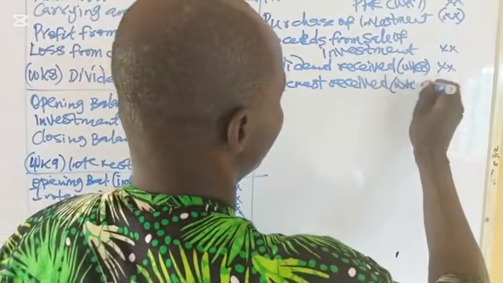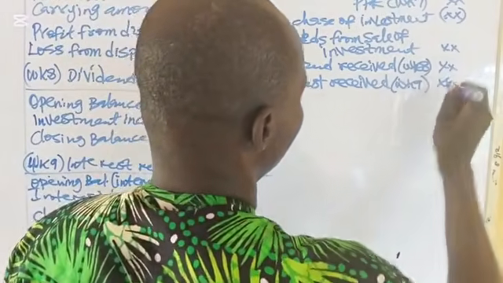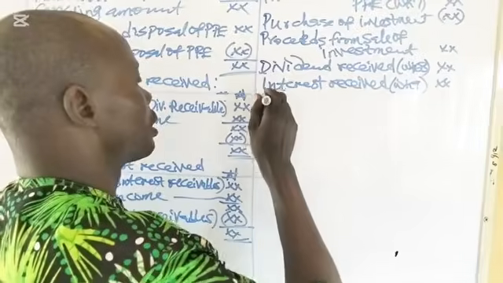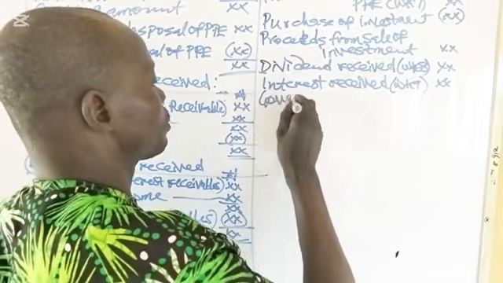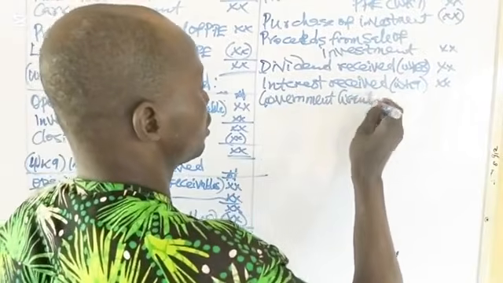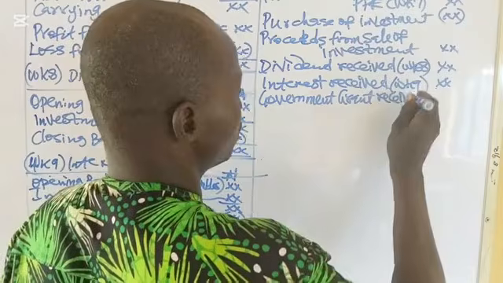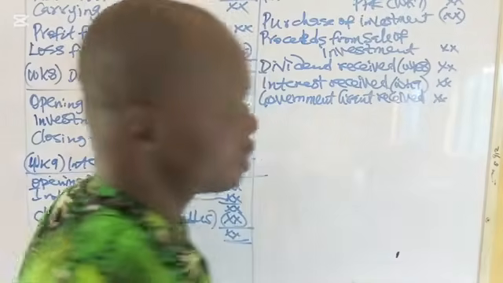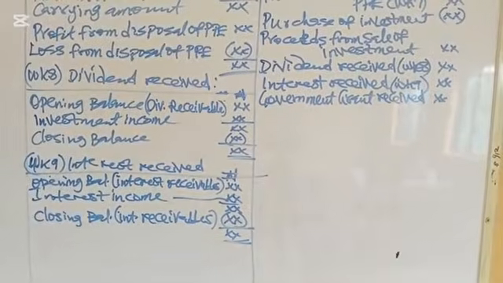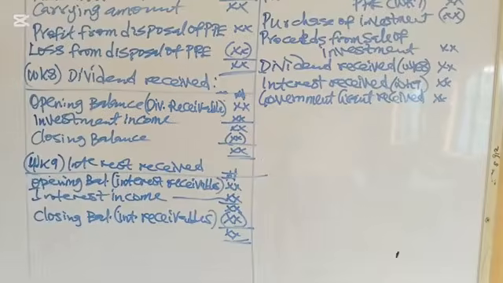Working 9. Inflows. Government grant received.